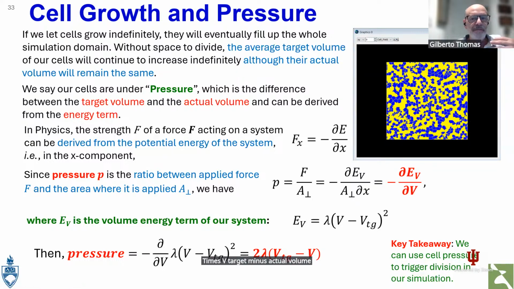So I can measure the pressure in the simulation. Each cell is suffering pressure because of the others, because they are compressed in that space. Let's implement that in the code.